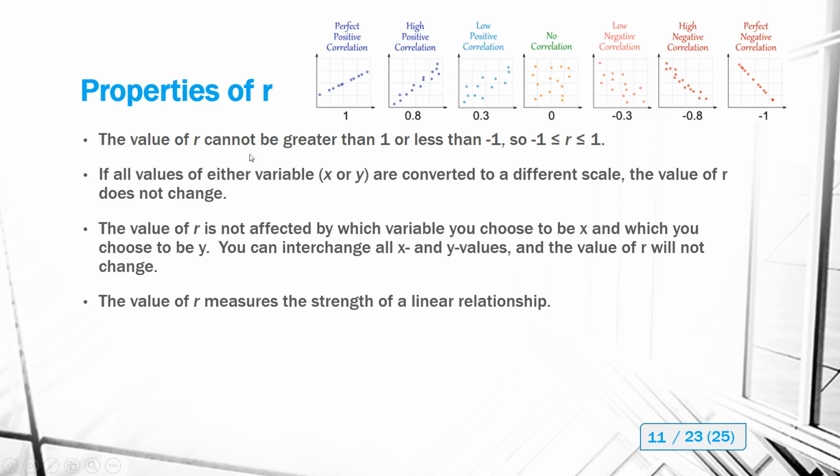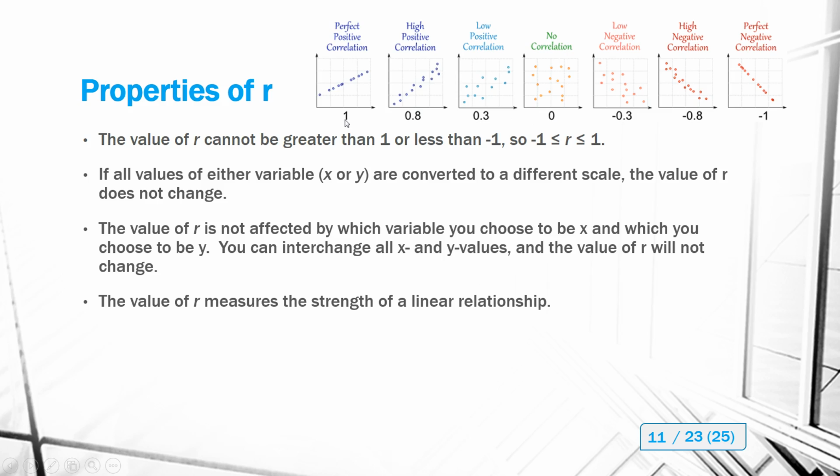The value of r, as defined, measures the strength of a linear relationship. It has to do with this scale that we see, bounded between -1 and 1. Here in the graphic at the top of the screen, we see some relative r values correlated with qualitative descriptions of the r value. If r is 0, we're smack dab in the middle of our range. There's no correlation between our variables.